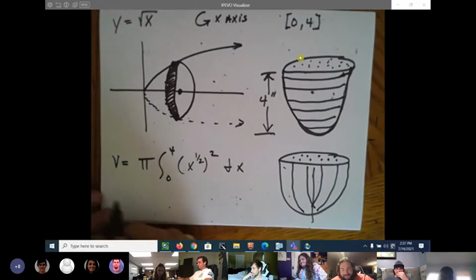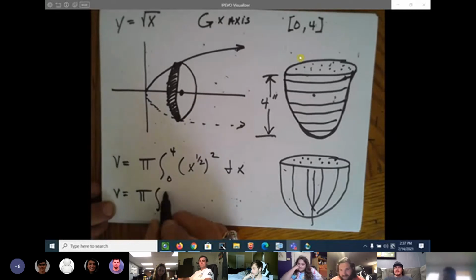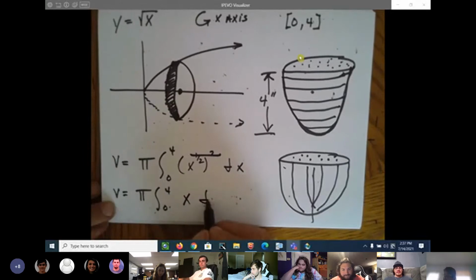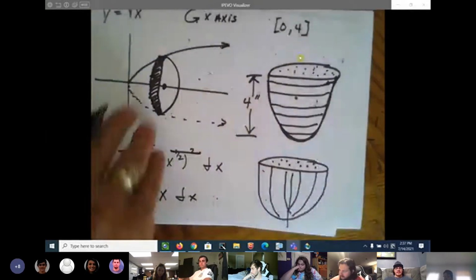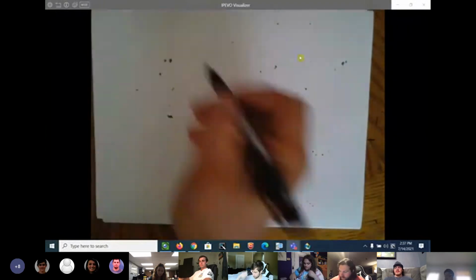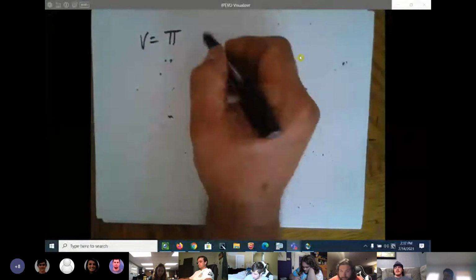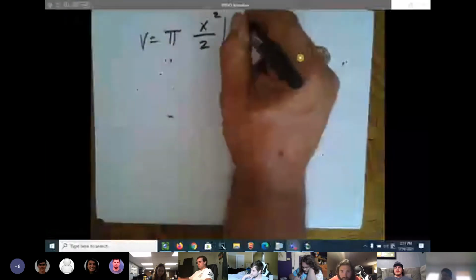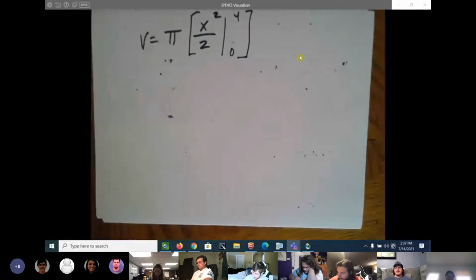All right, so that's going to be V is equal to pi integral, that cancels, x dx. V is equal to pi x squared over 2 evaluated at 0 and 4. What happens to the 0? Cancels.